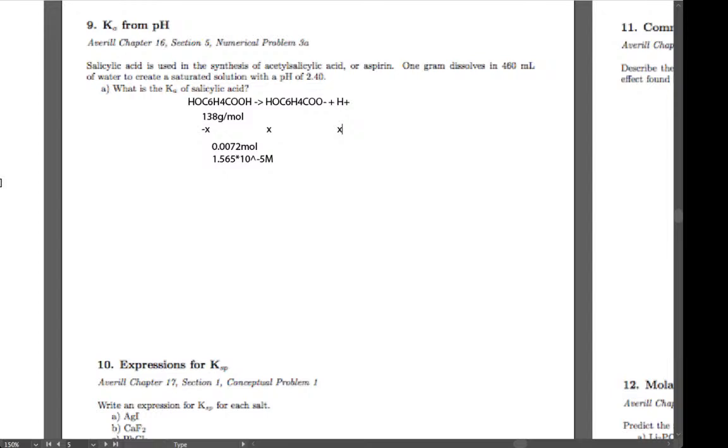The first thing that we do is make sure that we have an equation: Ka would equal the concentration of H plus, which is the one that we have, multiplied by the concentration of HOC6H4COO minus, there we go, divided by the concentration of HOC6H4COOH.